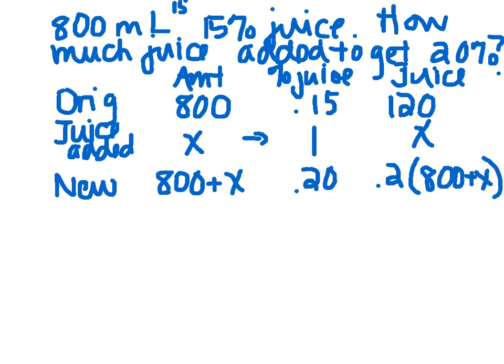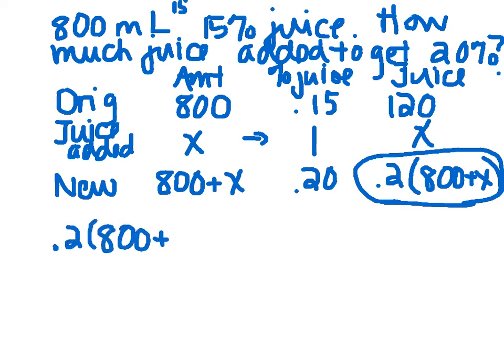And this is slightly different. This is a variable expression that tells us how much juice is in the new mixture if it is 20%. So we want that 20% of 800 plus x to be the amount of juice, which started out as 120 milliliters, and we added a certain amount that we don't know.